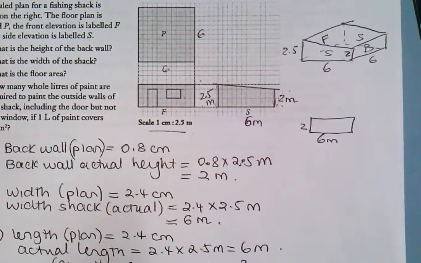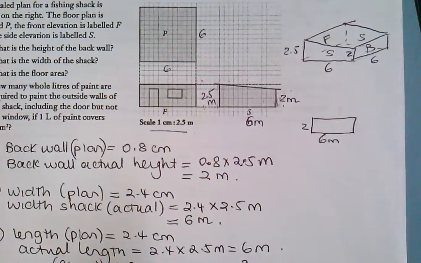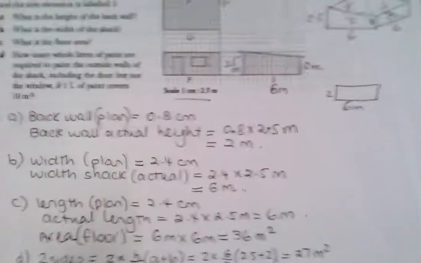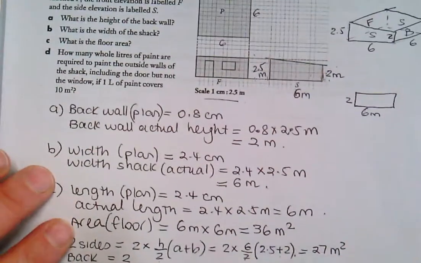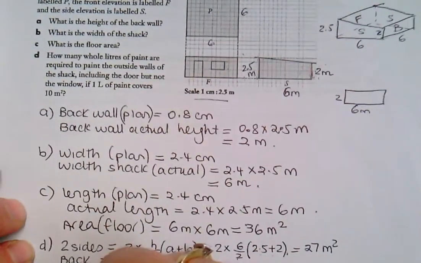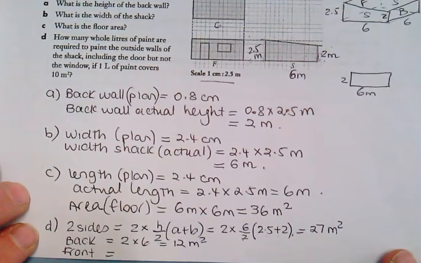So the area of the back wall is 2 by 6. The back wall is 2 meters by 6 meters, which is 12 meters squared. Now the front wall, we're painting everything except for the window.